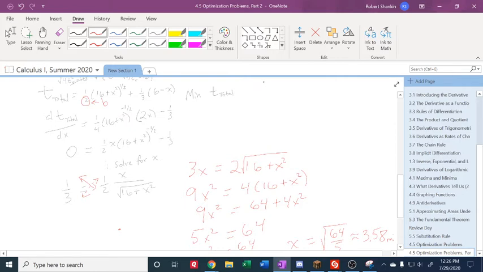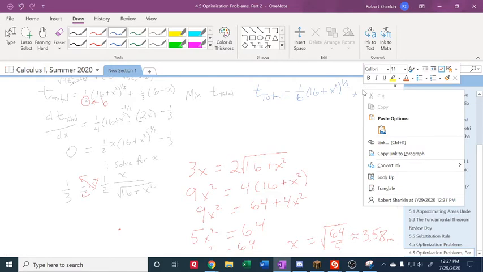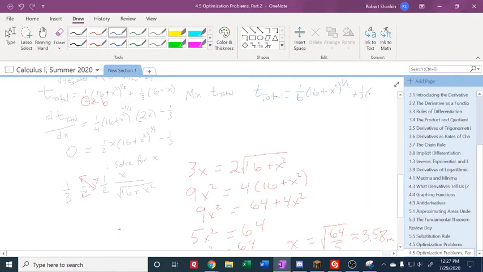Time total would be 1 over b. Everything else is staying the same.